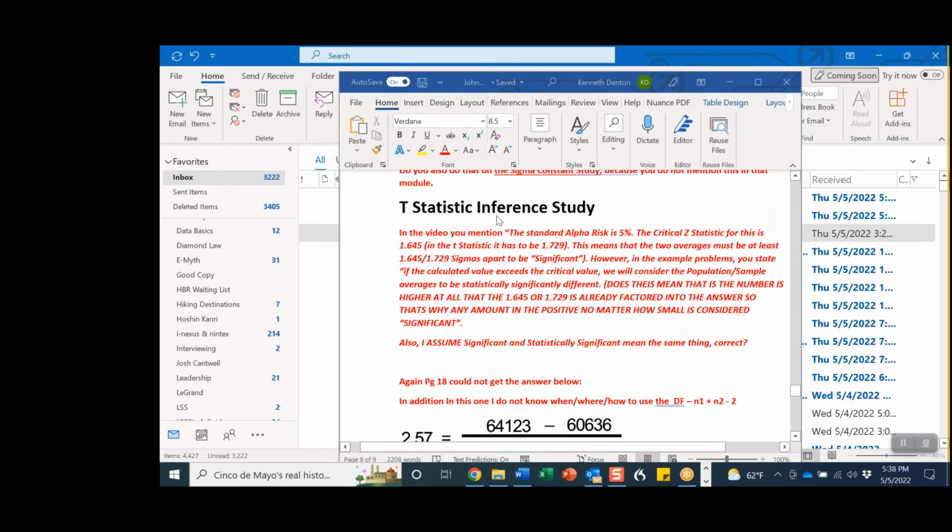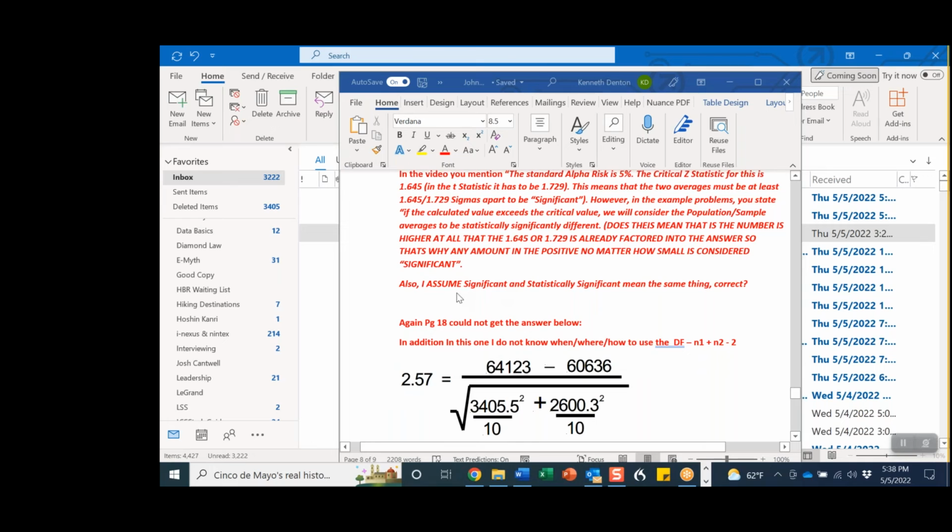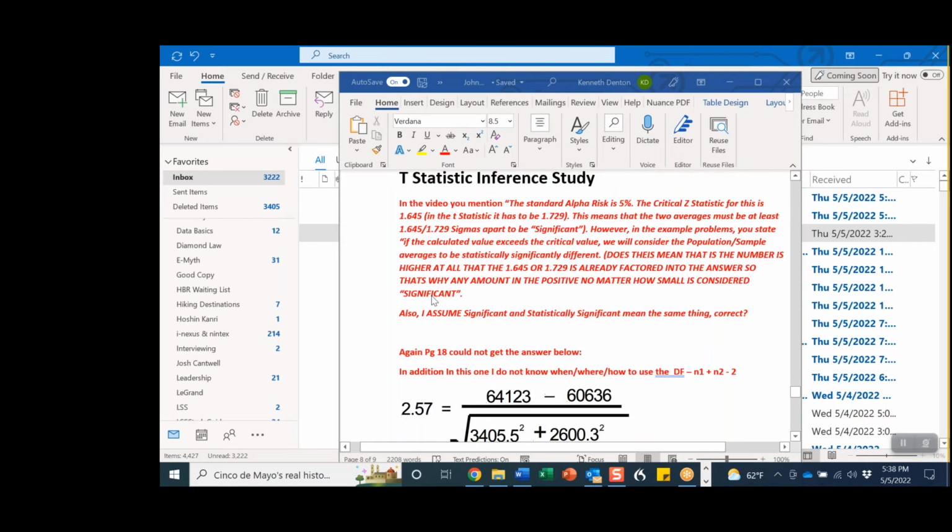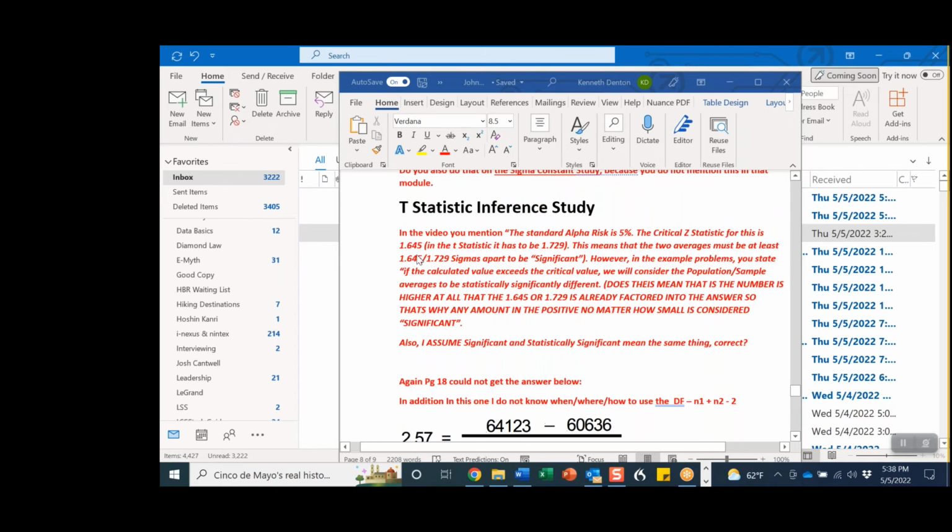Next is in the T statistic inference study. Let's see here. In the video, you mentioned the standard alpha risk is 5%. The critical Z statistic for this is 1.64. This means that the two averages must be at least that far apart.